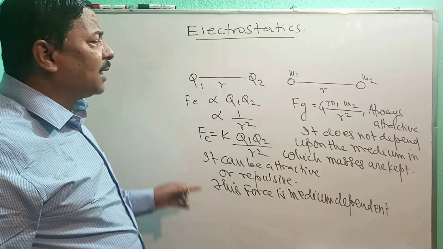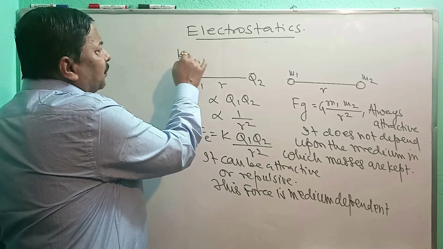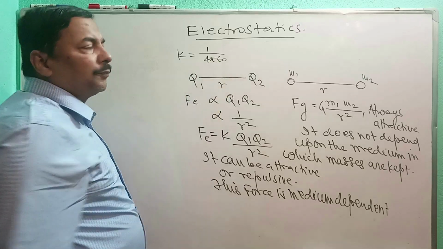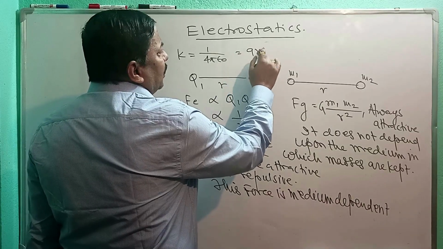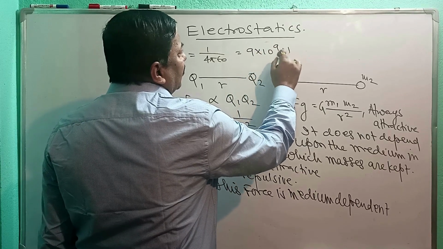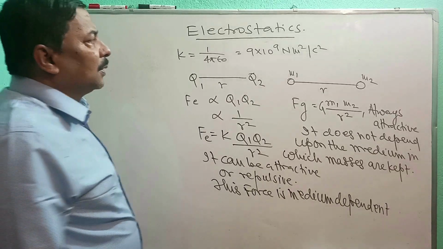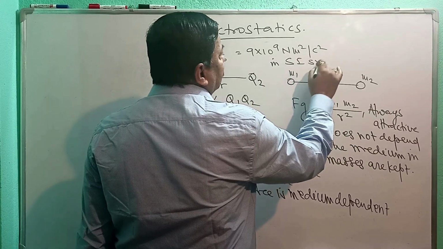If these charges are in vacuum, then the value of K is 1 by 4 pi epsilon naught, and its value is 9 into 10 to the power 9 newton meter square per coulomb square in the SI system.